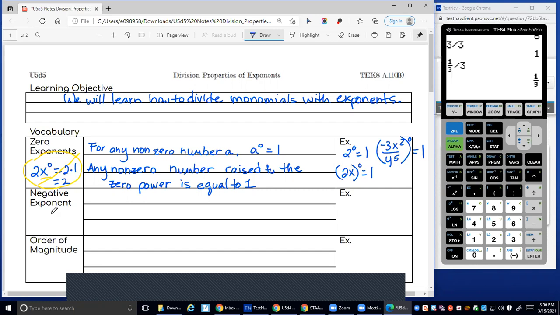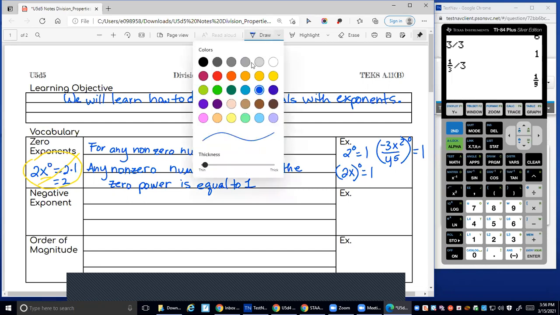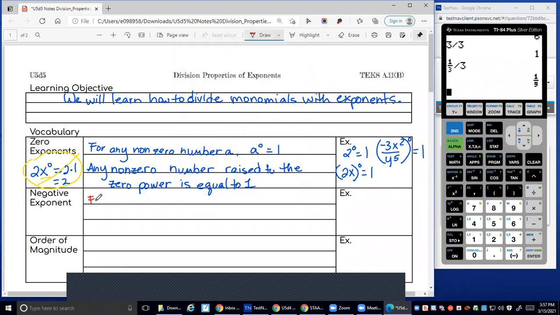Now let's talk about the formal definition for a negative exponent. A negative exponent is for any real number a where a is not equal to 0 and any integer n, you have this situation.